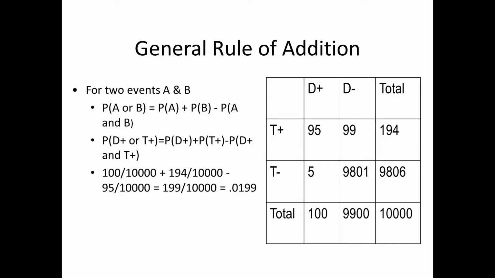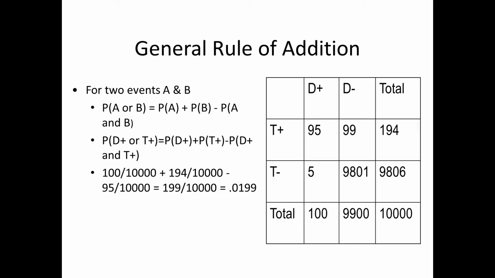There's a general rule of addition. In risk assessment, we're often interested in more than one event. It can be much more than 2, but to keep the arithmetic simple for now, let's begin with 2 events, A and B. In the second bullet there, you see the general formula. The third bullet translates this general formula for our table, so let's begin at the third bullet.